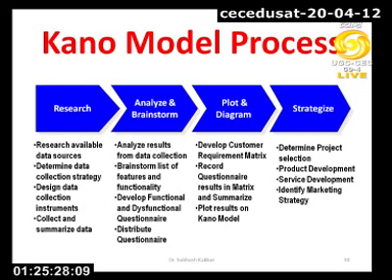And under analysis and brainstorming: analyze results from the data collection, brainstorm a list of features and functionality, develop functional and dysfunctional questionnaire, distribute the questionnaire.